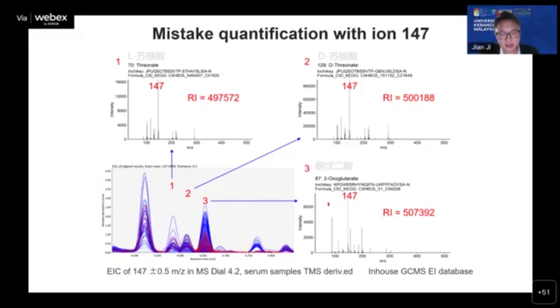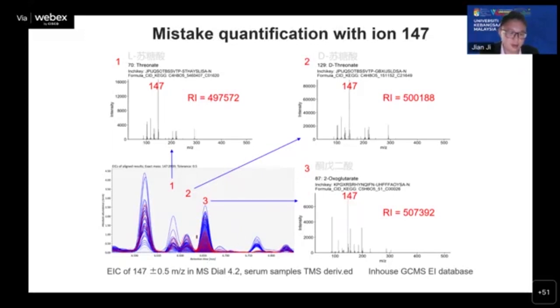And peak 3 is 2-oxoglutaric acid, a metabolite like this. But all of them have a 147 peak, which is the main fragment peak of these 3 metabolites, and they are pretty close. The software annotated them wrongly.